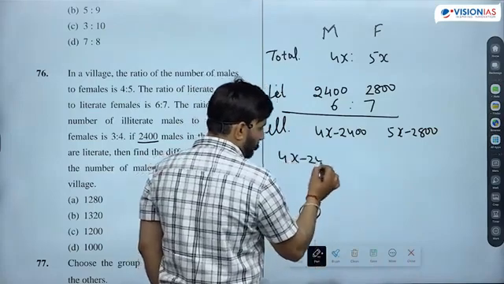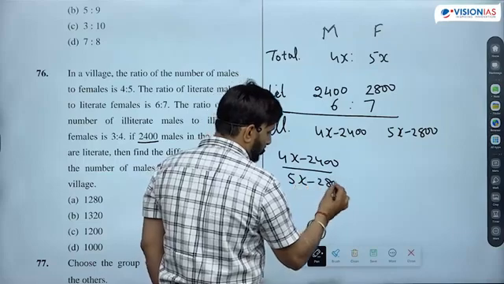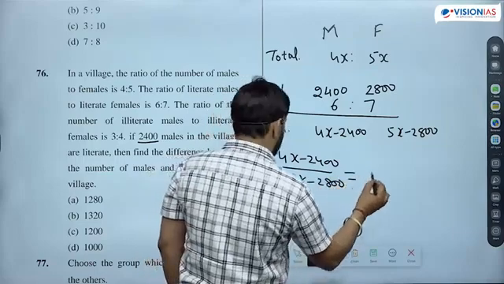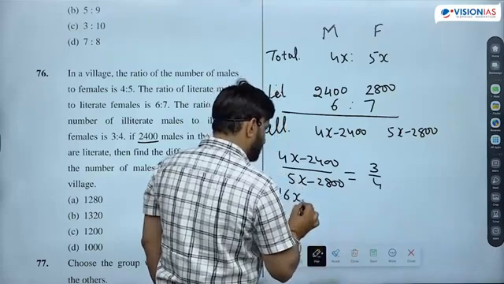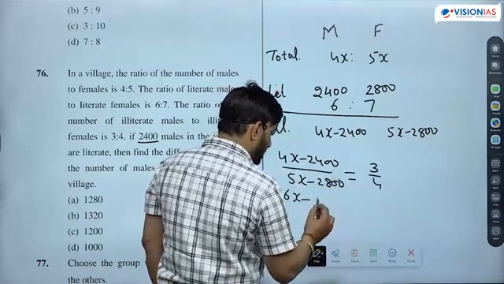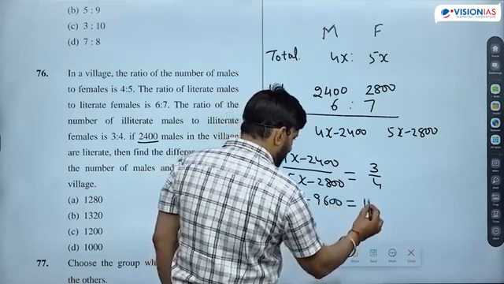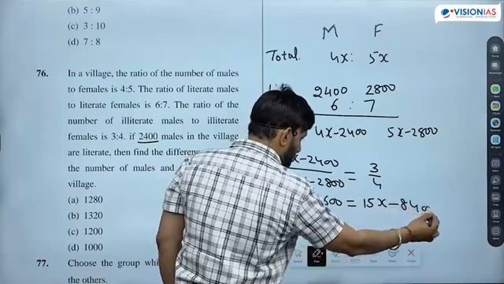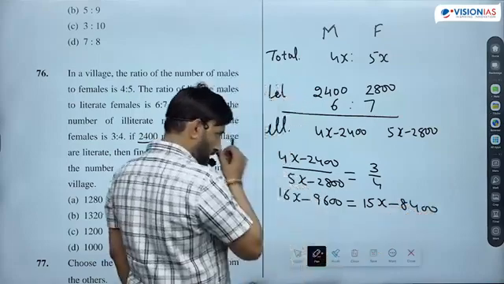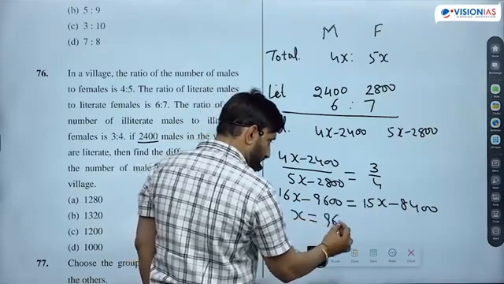4x minus 2400 upon 5x minus 2800, that is 3:4. Go for cross multiplication. This will be 16x minus 2400 into 4 is 9600. 3 into 5x, 15x minus 8400. 15x will come here, it is x. 9600 will go there.